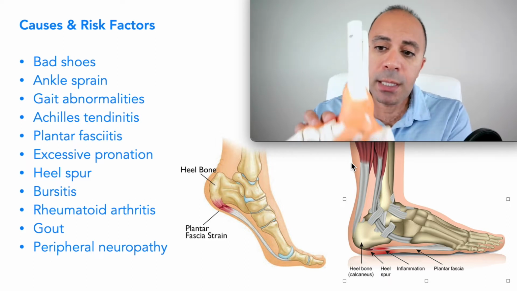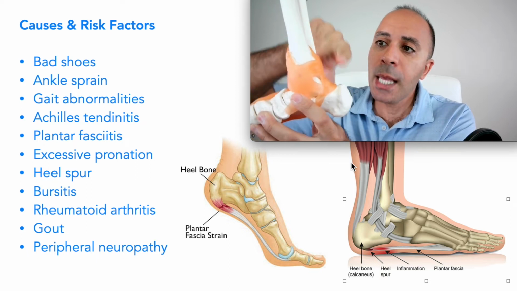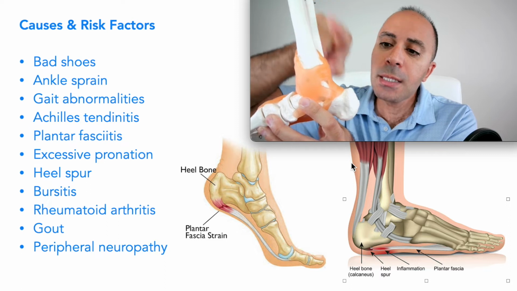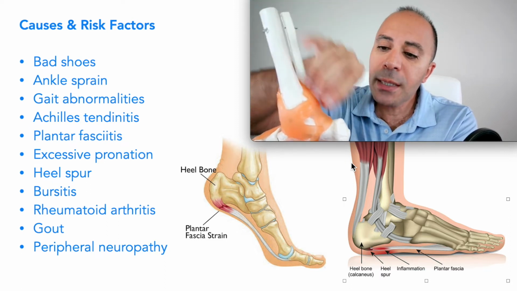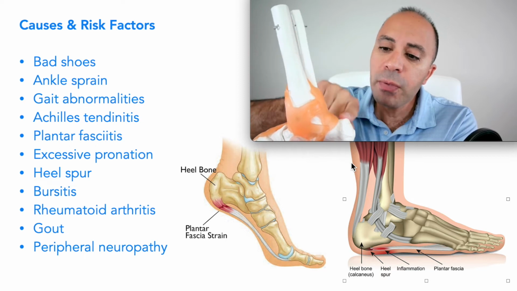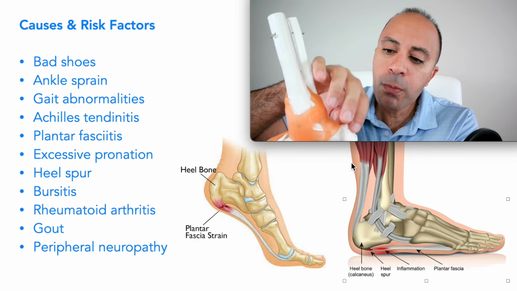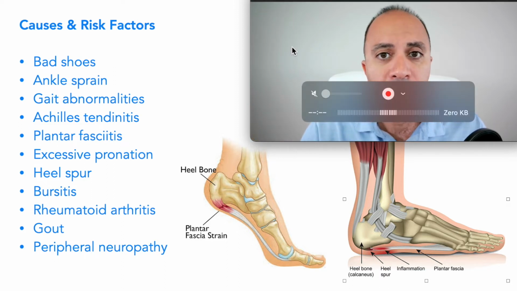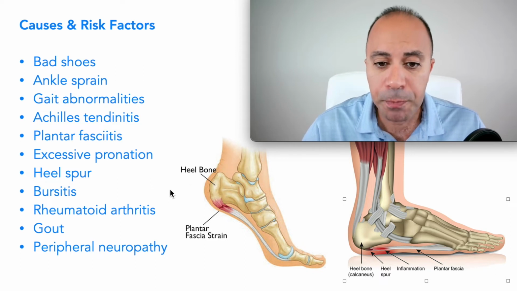You can see it in this model: the calcaneus bone here, and at the back of your foot, the Achilles tendon. When you have a lot of tightness in your calf muscle, it pulls on the Achilles tendon, irritates it, can cause a bone spur in this area, and causes Achilles tendonitis. I also have a full video on Achilles tendonitis on my YouTube channel.